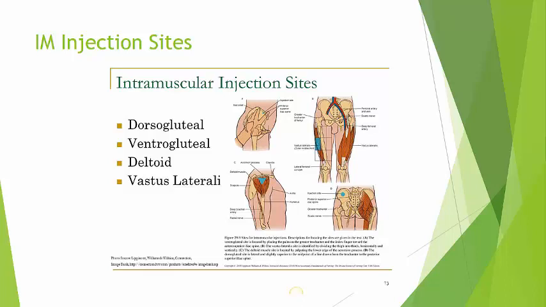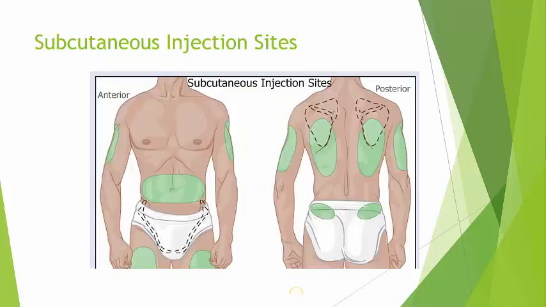Generally, about 5 mLs of fluid can be administered IM, but you've got a maximum of 1 ml in the deltoid, but you can give up to potentially 10 in the gluteus. So it really just depends on what volume you're giving. If you've got a small amount of medication, you may want to give it in the deltoid because that's probably going to be easier access for your patient. But if you've got a larger volume, you may need to consider giving it in the gluteal muscles so that you can give a larger volume.